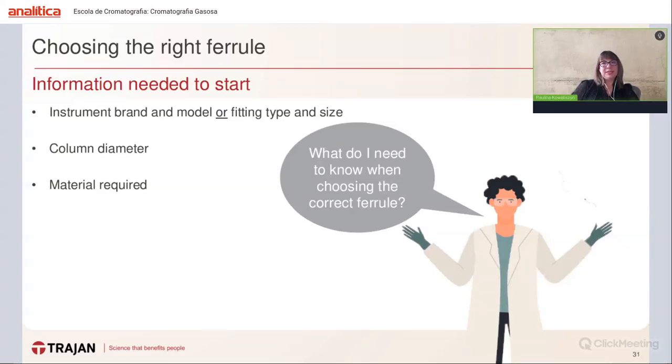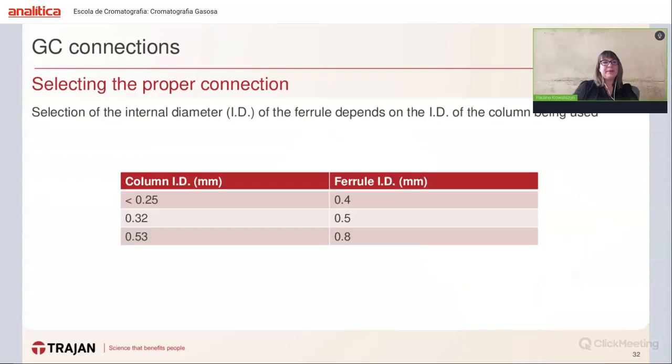Different diameters of the column will require different hole size of the ferrule. And what material of the ferrule we would need. So mainly what temperature rating we need, as well as what detector we have, to choose the right material such as graphite, Vespel, or metal.